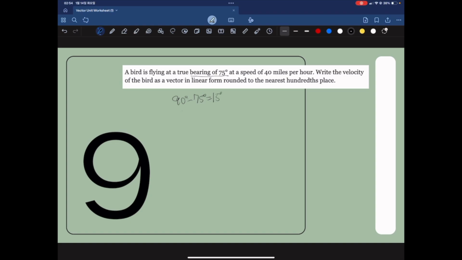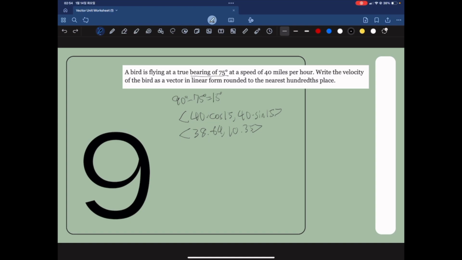So now if we multiply the components, we go 40 times cosine 15, 40 times sine 15. And if we calculate that, then we get 38.64 and 10.35.